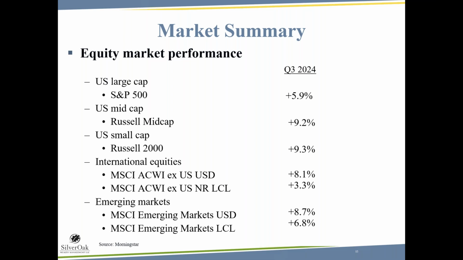Now, we added some information here. We added the MSCI ACWI ex-US net return local performance. And you'll see the local performance in emerging markets as well. What does that mean? That's basically the performance in local currency terms before it gets converted to US dollars. What's interesting here is for the last, I don't know, couple years, the dollar has been very strong, especially kind of at the beginning of this year.